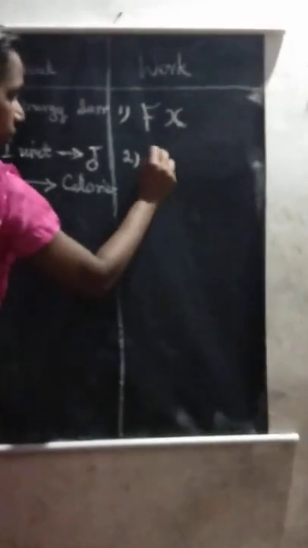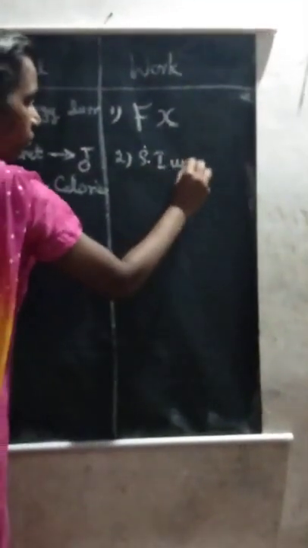Then next, the SI unit of work is joule. So listen, the SI unit of heat is joule, generally expressed in calories. In the same way, the SI unit of work is joule. Understand this?